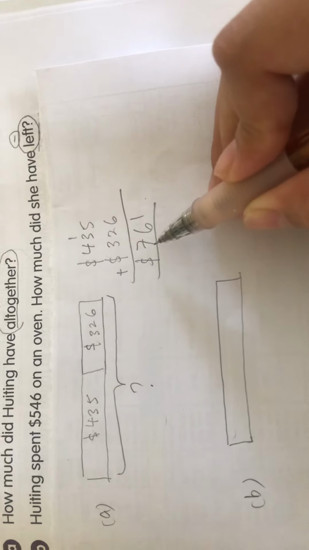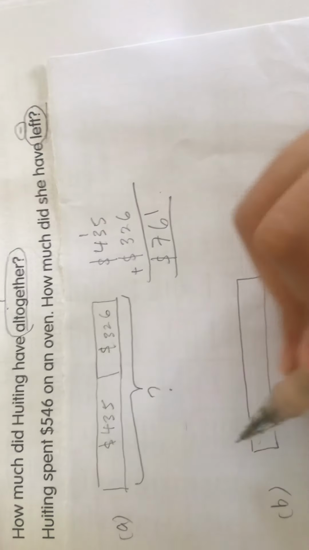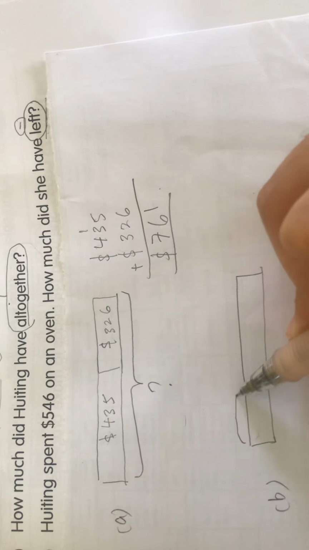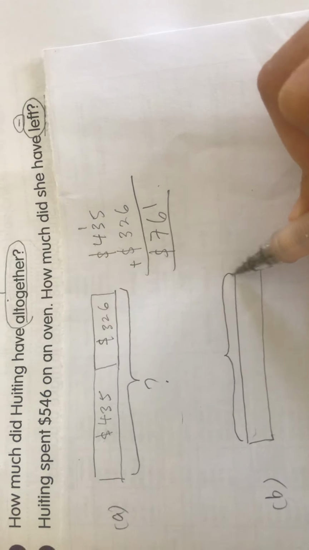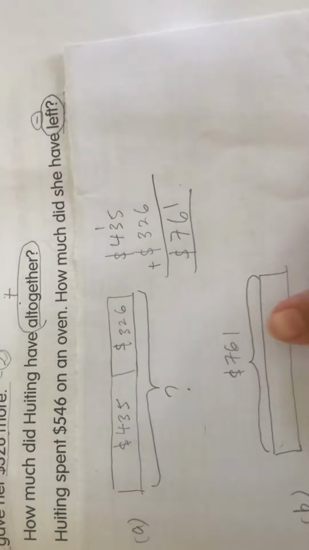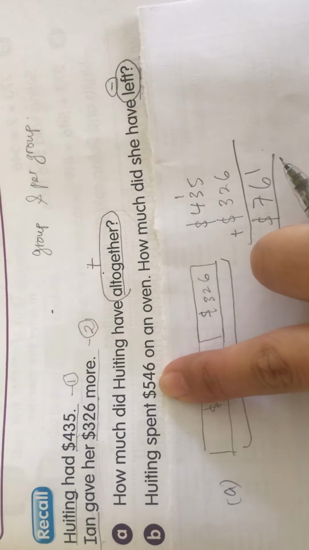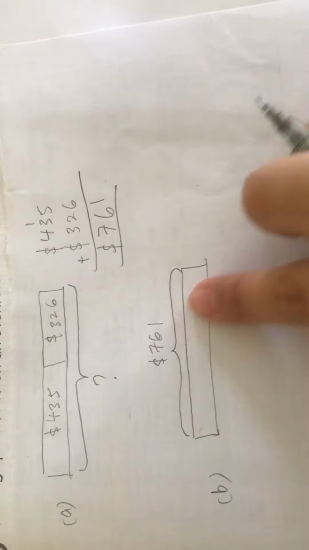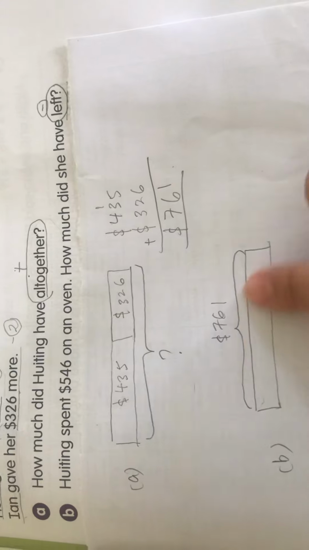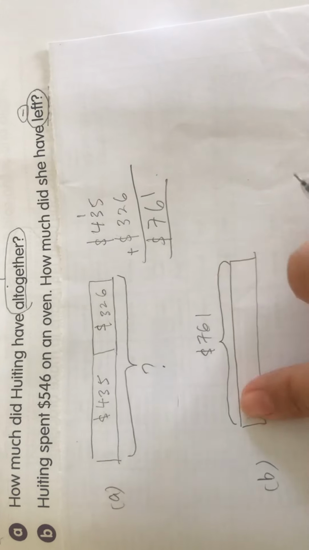How much? $761. Okay, she spent $546. So she spent some 546 from her money.